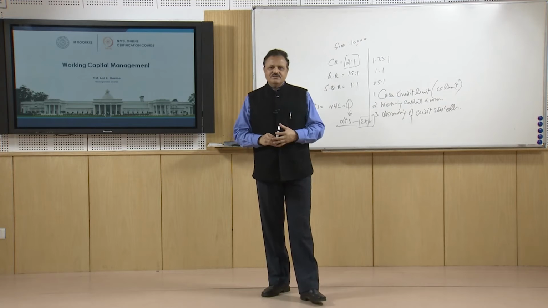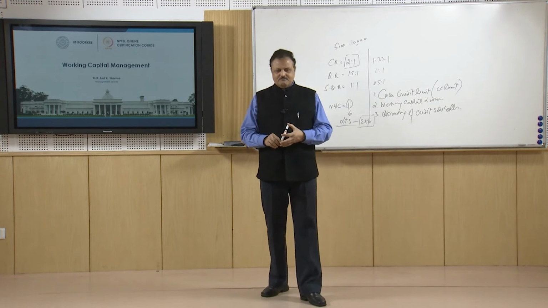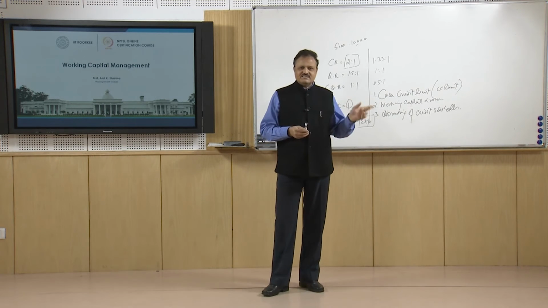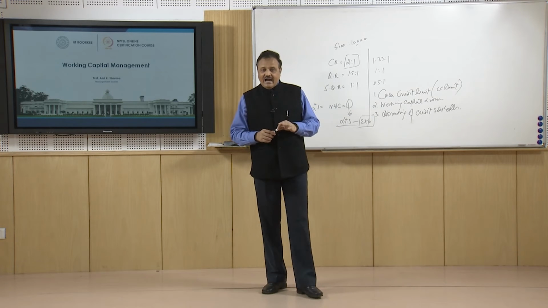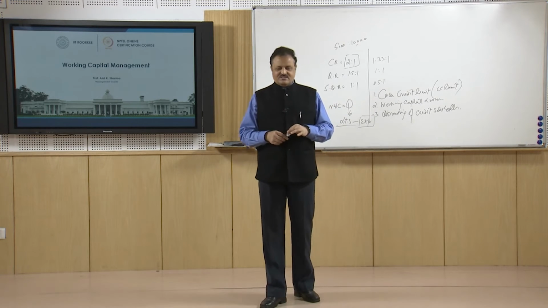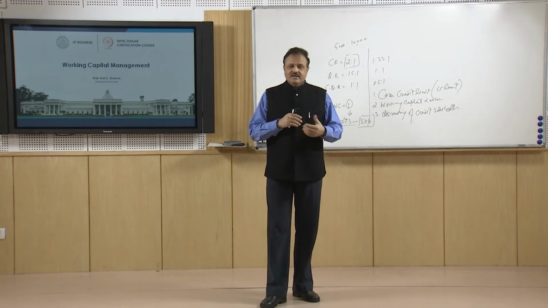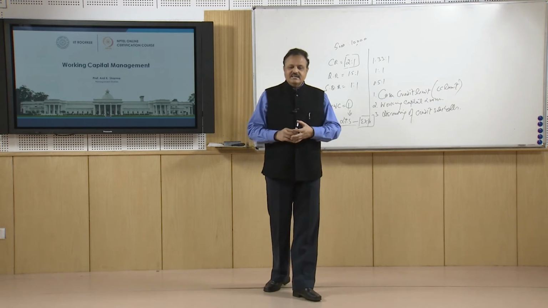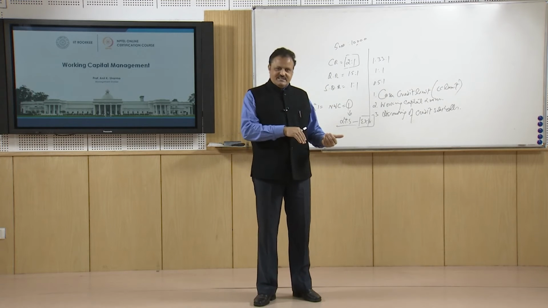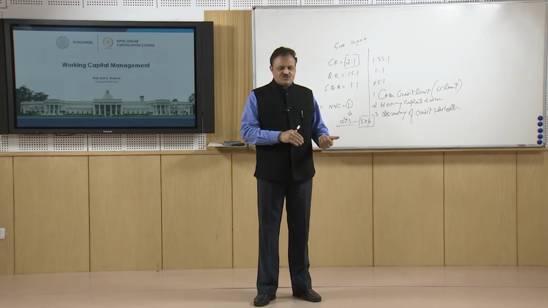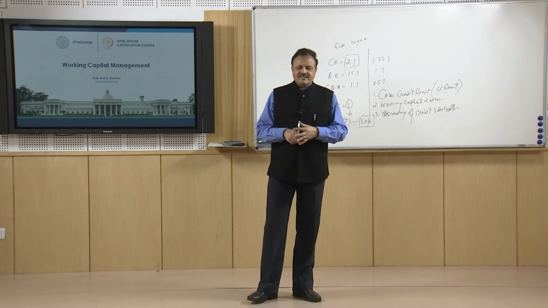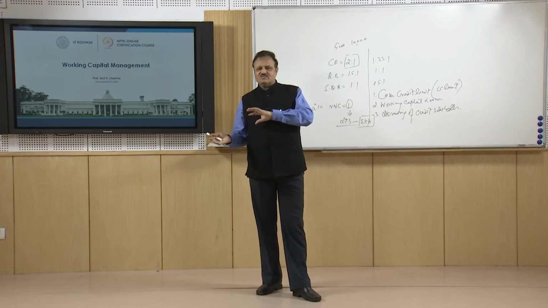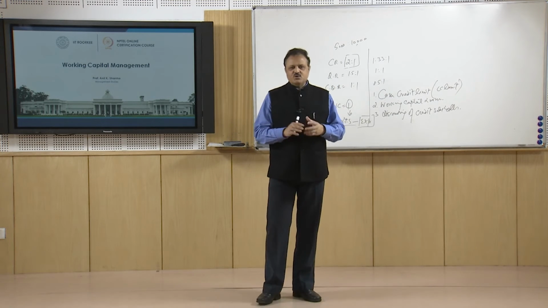Condition here is that whenever the firm needs funds, they can withdraw the funds from this CC limit account, and if the firm receives funds on account of sales, whether cash sales or credit sales, then those funds should also be deposited in the same account. It is not the case that for borrowing the money you use this account and for depositing your sale proceeds you use another account.